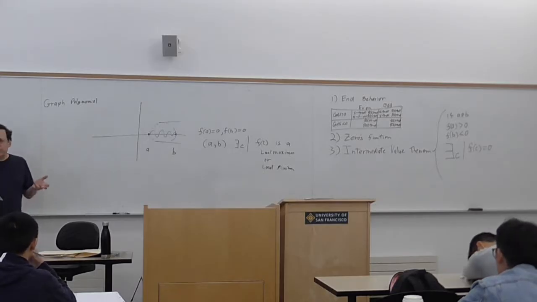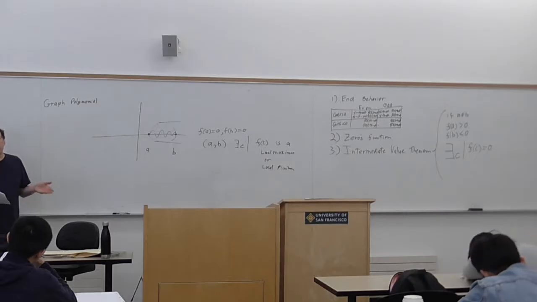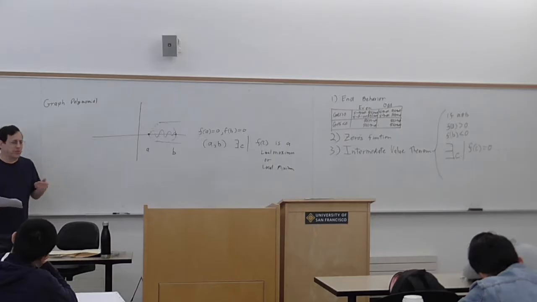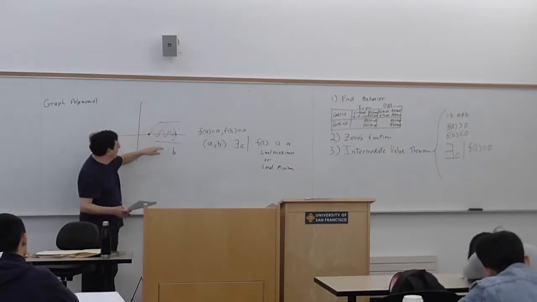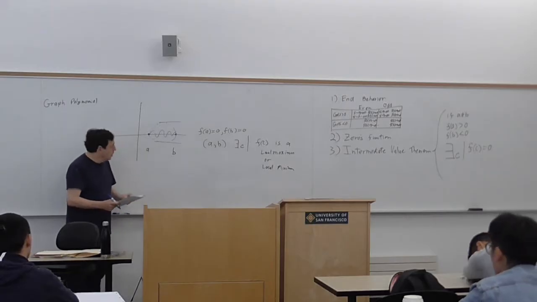Again, we're going to do this in this class somewhat approximately. In the next class, calculus, we learn a really new way to zero in on the maximum or minimum.